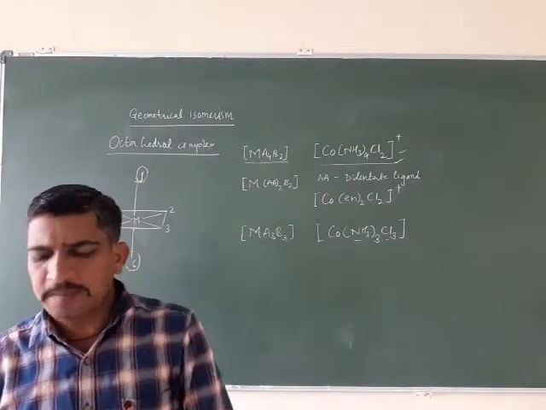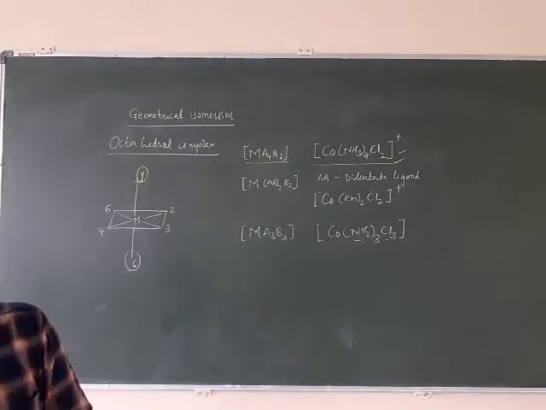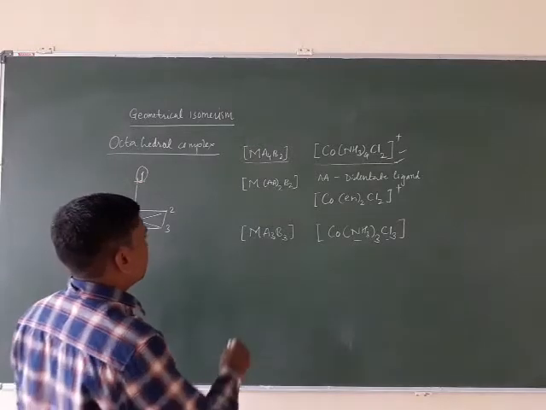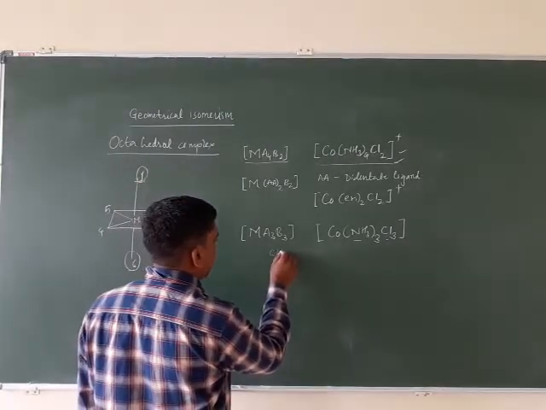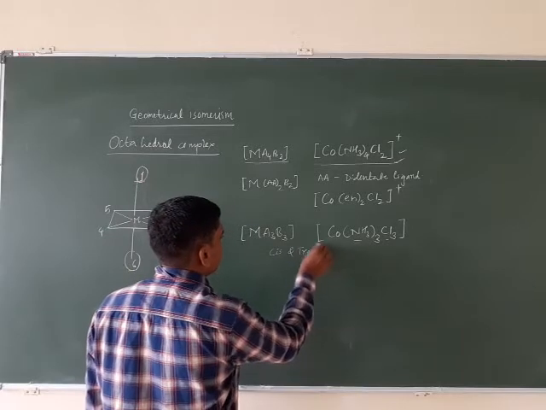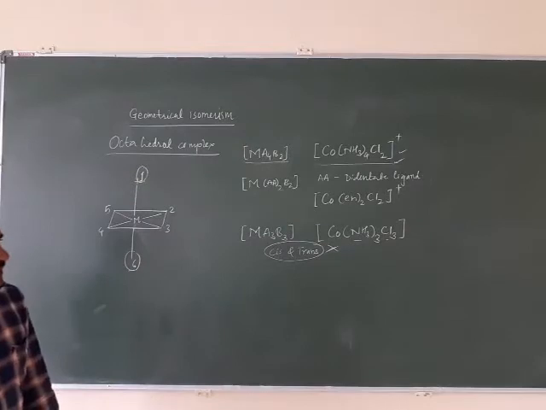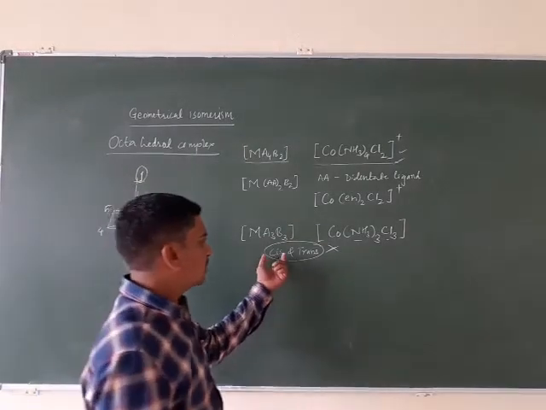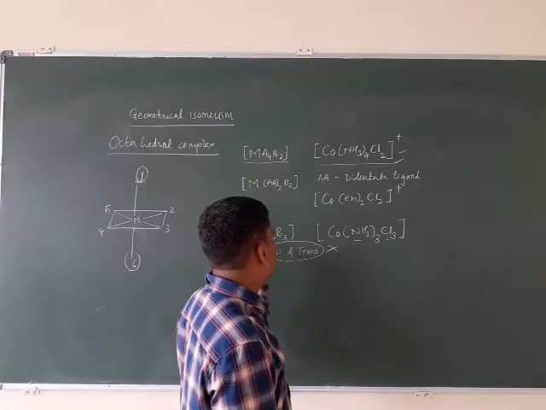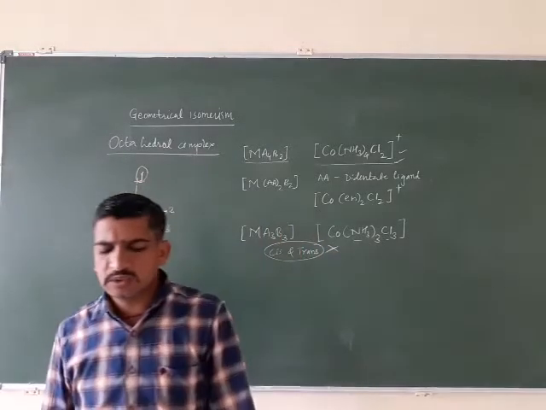For such complexes, what do we write? We are not writing cis. The complex of type MA3B3 does not give cis and trans isomer.